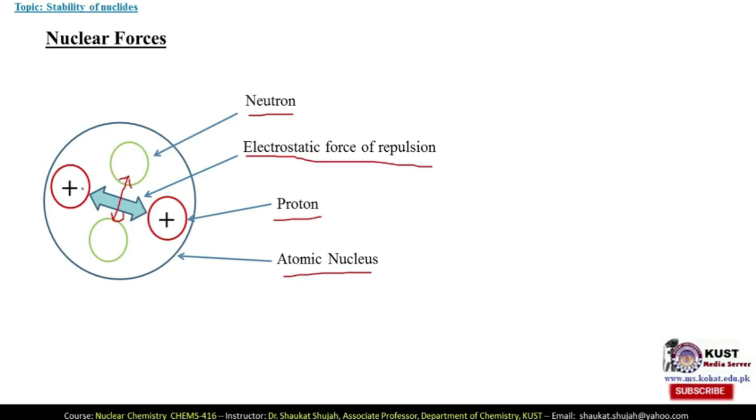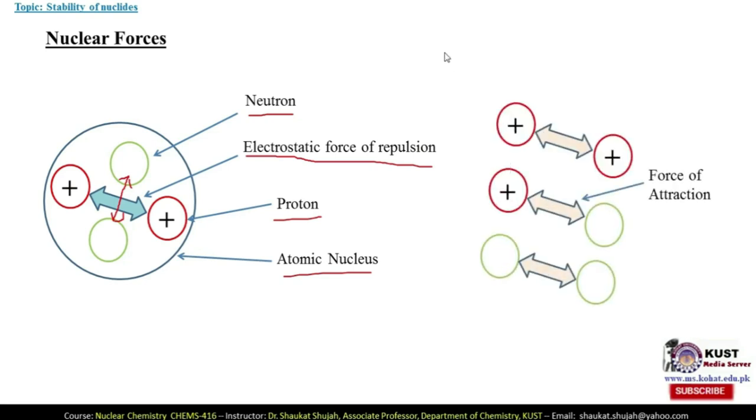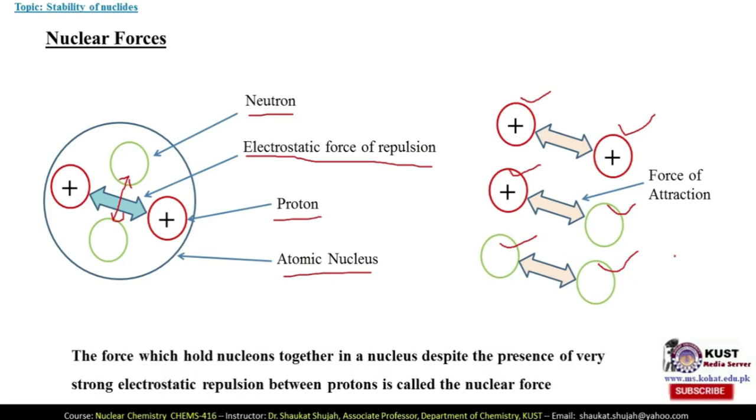Even in the presence of this electrostatic repulsion, the nuclei are stable. So definitely there is some sort of force which holds protons and protons together, or protons and neutrons together, or neutrons and neutrons together. So this force of attraction is basically the nuclear force.